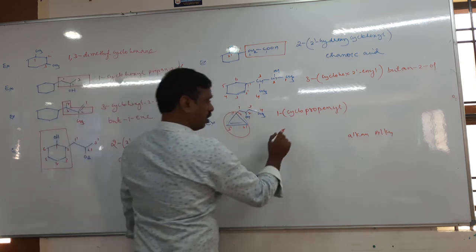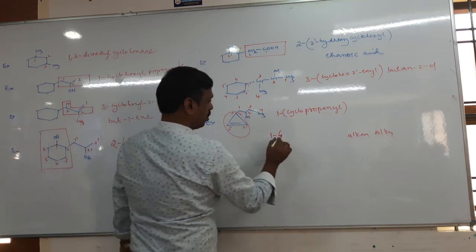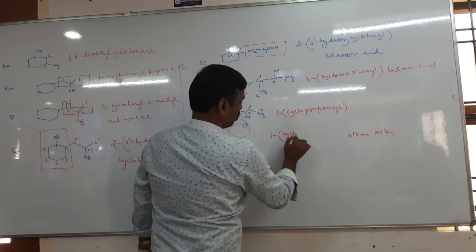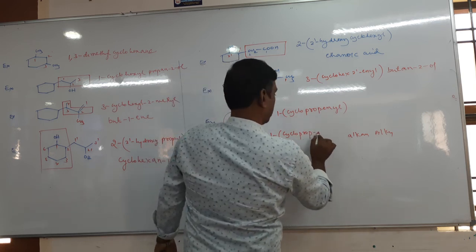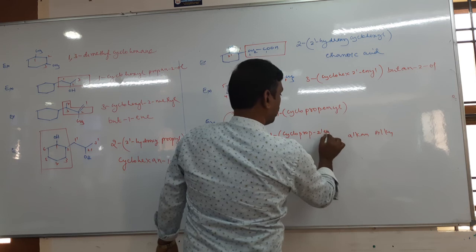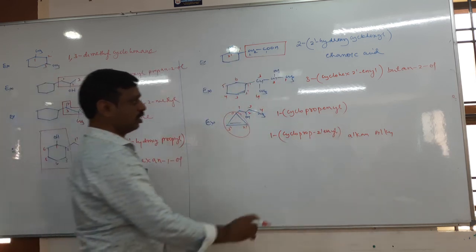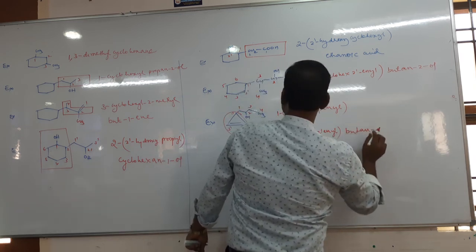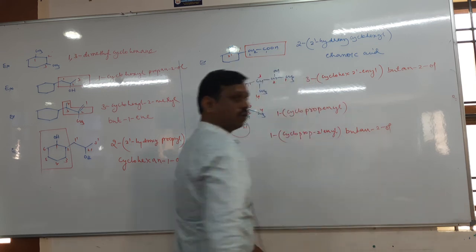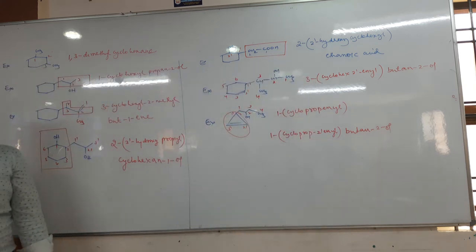Okay, then what does it become? 1 prime, 2 prime, no. So it becomes cycloprop 2 prime enyl. Okay. Butane 2-ol. Butane 2-ol.